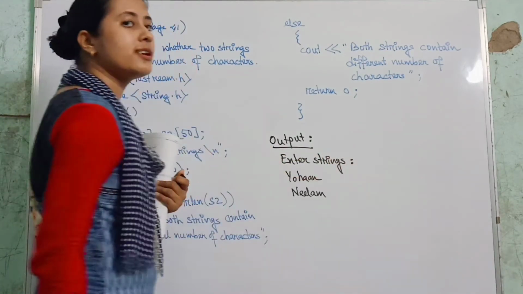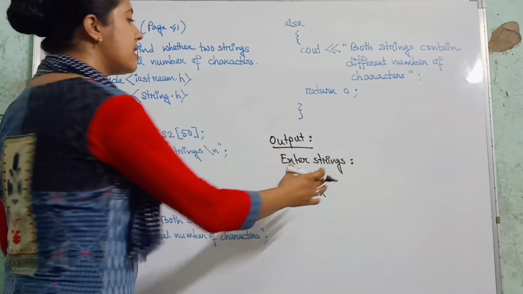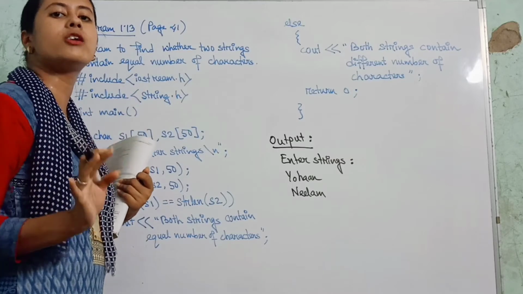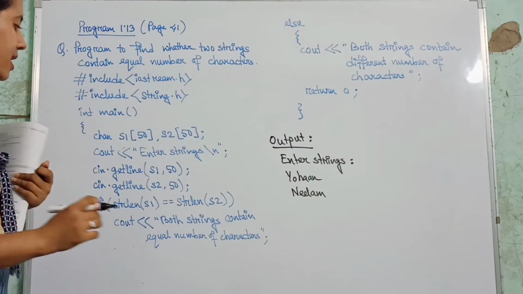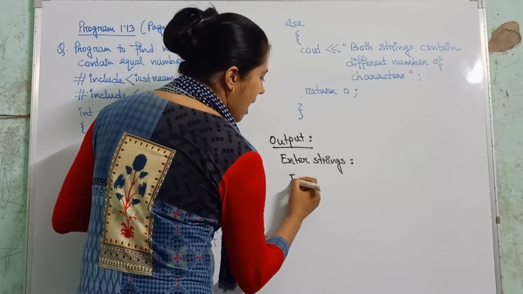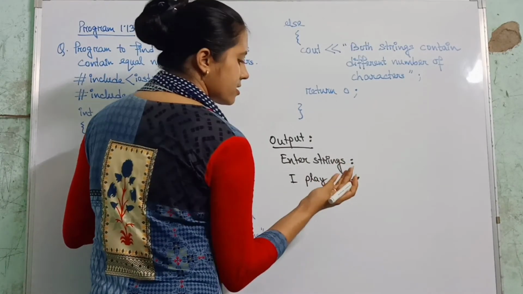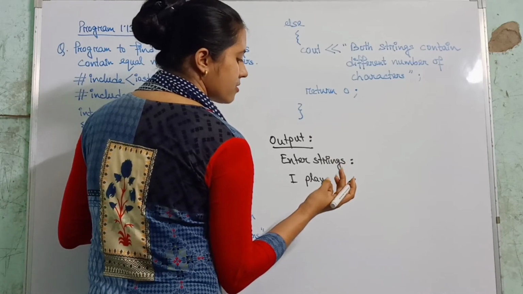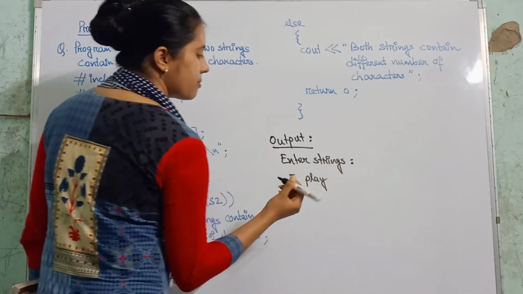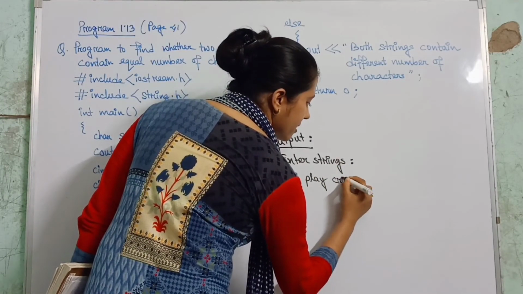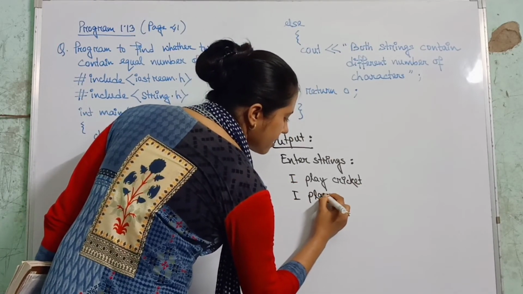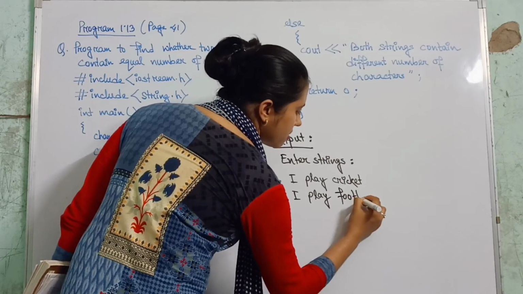But what if it has other values? Suppose I am using one line of text. Then only cin will not work, or get will not work. Then you have to use getline. Suppose we take "I play cricket" and "I play football".